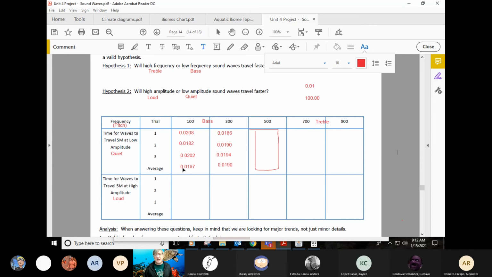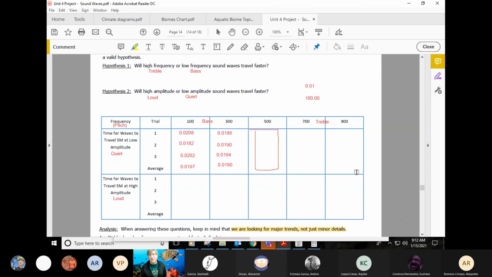And are we seeing a trend in the speeds? Are we seeing that low frequency is faster or slower than high frequency? And as it says down here, we are looking for major trends, not just minor details. Are we really seeing a big change in the average speed between these different frequencies?